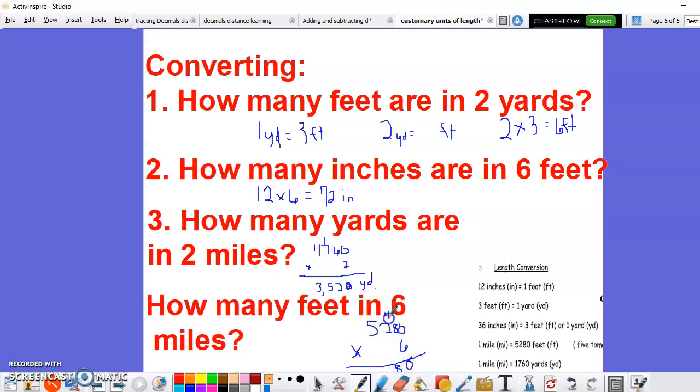Regroup the 4. 6 times 2 is 12, plus 4 more is 16. Regroup my 1. 5 times 6 is 30, plus 1 more is 31. 31,680 feet.